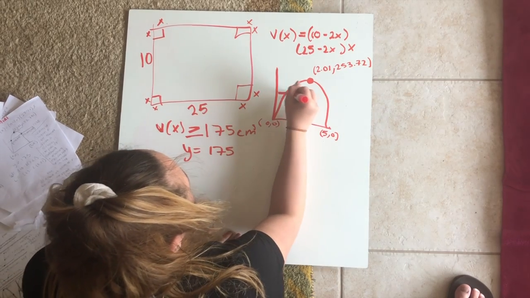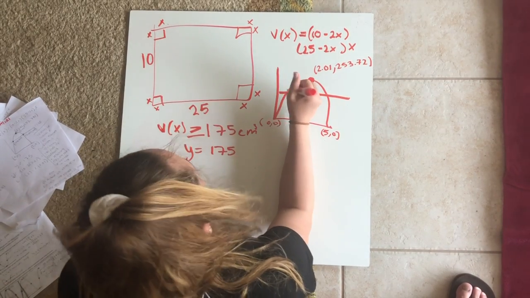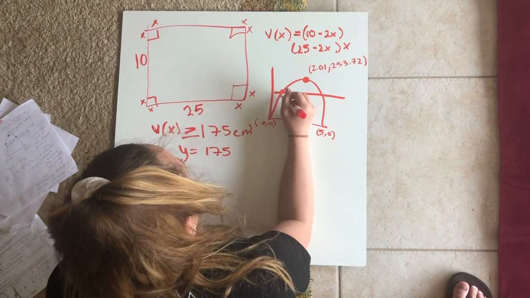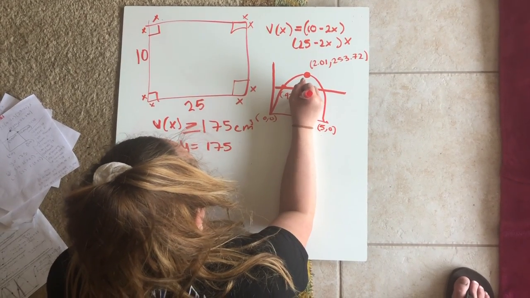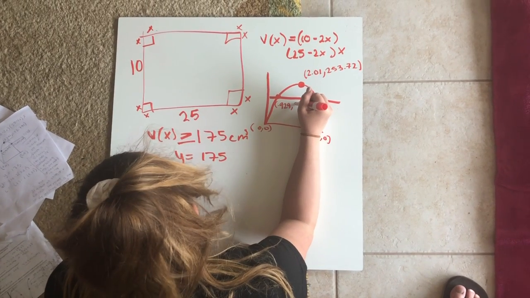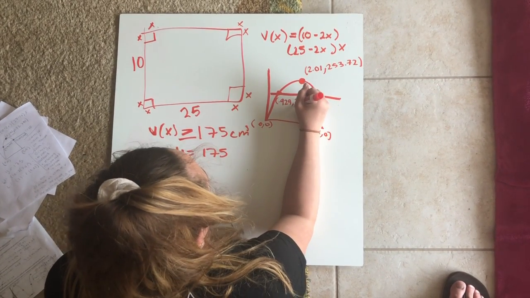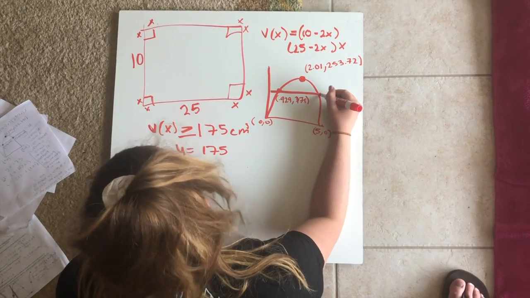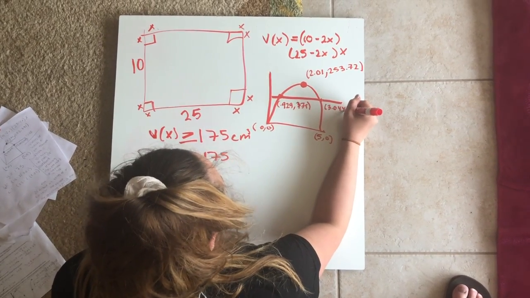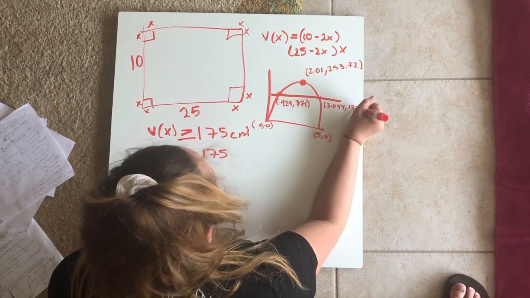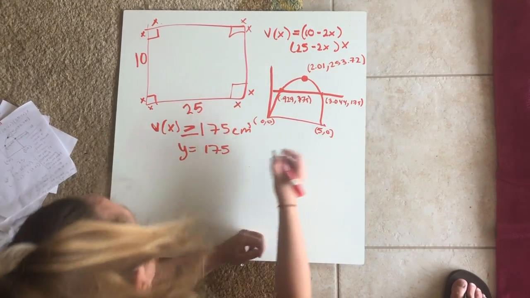You find where the points intersect by pressing second trace intersect, and you will get 0.29, 175 and 3.044, 175. These are all values of x. These are the minimum and maximum values of x so that the box is 175 centimeters cubed.